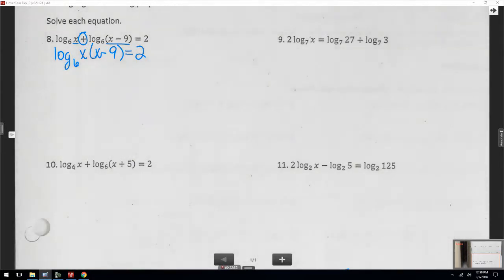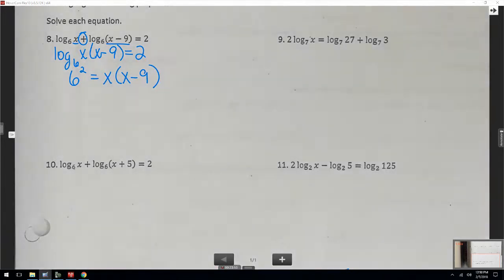So we're going to do this 6 to the second power equals x minus 9 deal. We're going to rewrite it. The base is 6, and whatever it equals is your power. Can you go ahead and distribute the x?